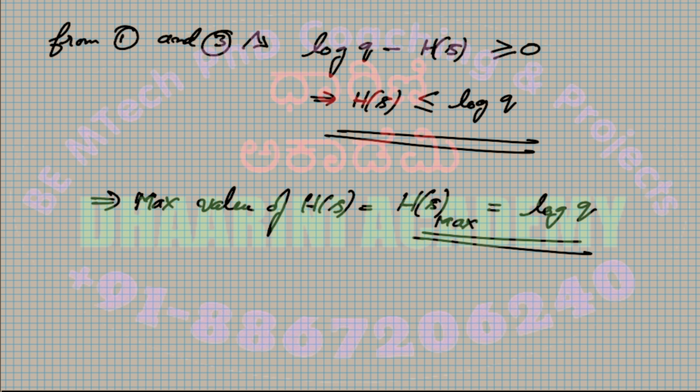Depends on the q value, how many symbols you are sending. If you have 5 symbols being generated, the highest value of h will be log to the base 2 of 5. Okay, log 5 to the base 2. Like that, we calculate the maximum value of h. So by using this particular property only, we will be able to understand that.